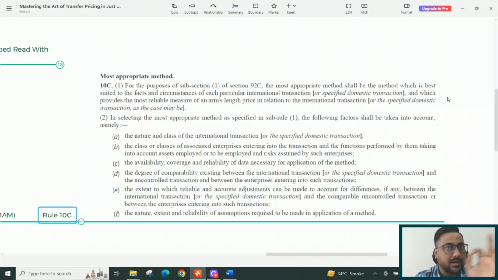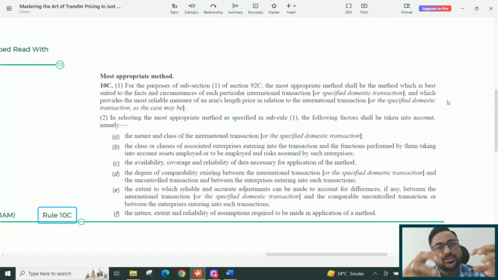These are two simple conditions, right? It should suit the facts and circumstances, and the second condition is that it provides the most reliable measure of an arm's length price. Simple. Now we come to sub-rule 2 of Rule 10C, which further states that in selecting the most appropriate method, the following factors should be taken into account, right?